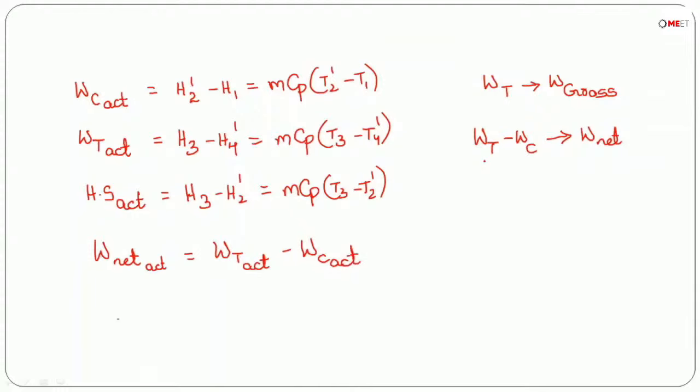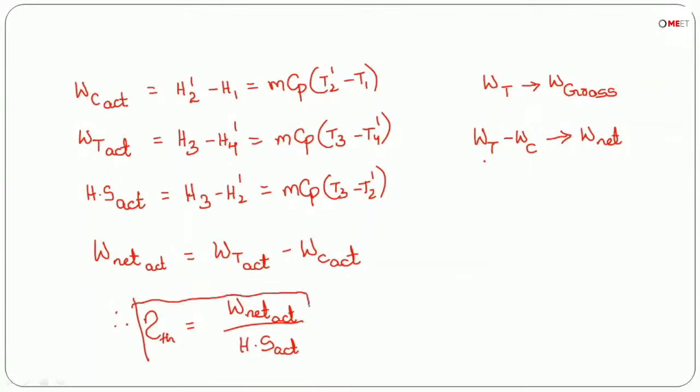So therefore finally the thermal efficiency will be the net work done actual by heat supplied actual. So this will give us the thermal efficiency. And remember that when isentropic efficiencies are given in the problem, you should not use thermal efficiency as 1 minus 1 by Rp to the power gamma minus 1 by gamma.